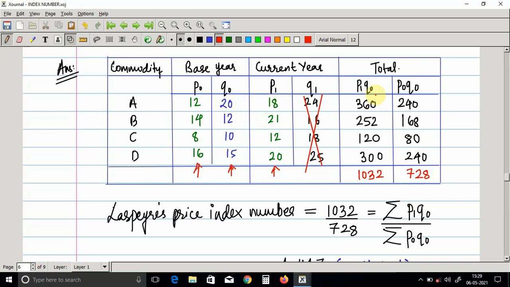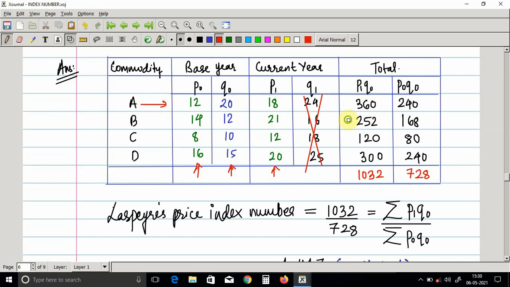Okay, so this is 360 rupees you have to pay today to purchase 20 bags or 20 units of commodity A in the current year. I hope this is clear to everyone.